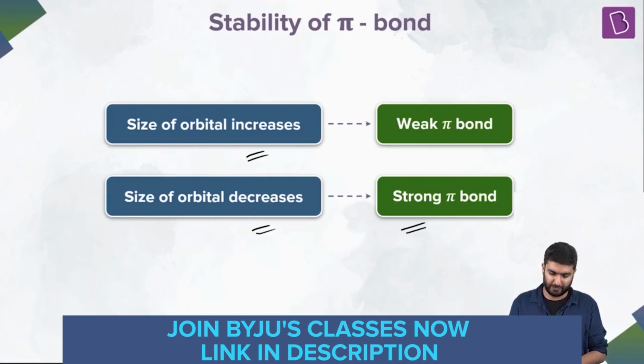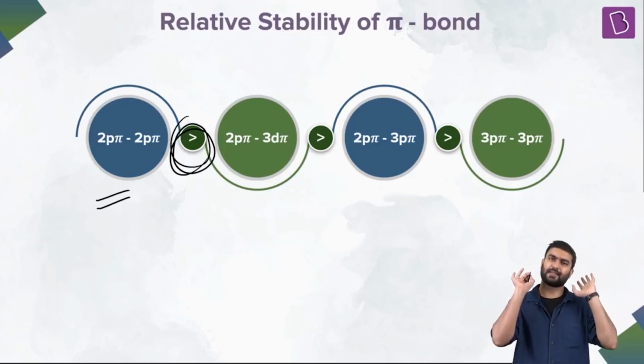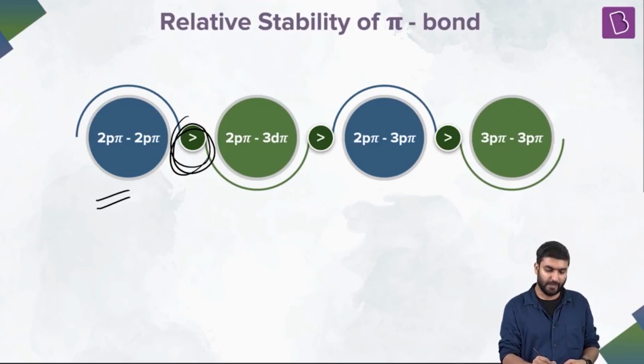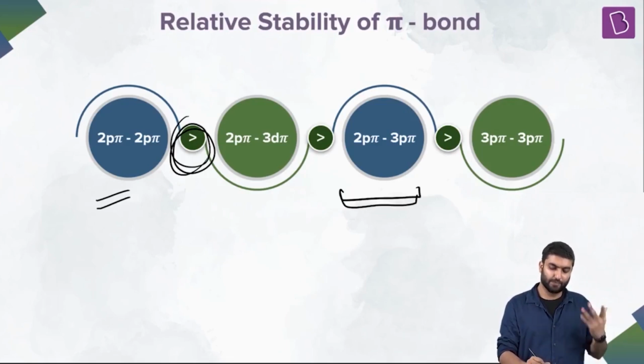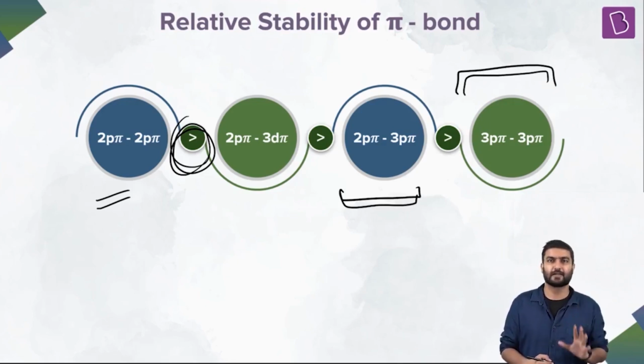Now, by that logic, if we look at this trend here, we can easily see that 2p pi is the greatest, right? And we can also say that 2p pi 3p pi is more than 3p pi 3p pi. Trust me, you don't need to go to 4p pi and 5d and 4d and stuff like that. We need to stay here.